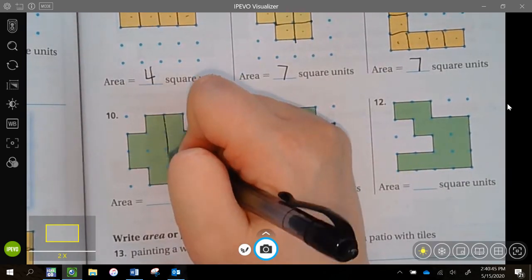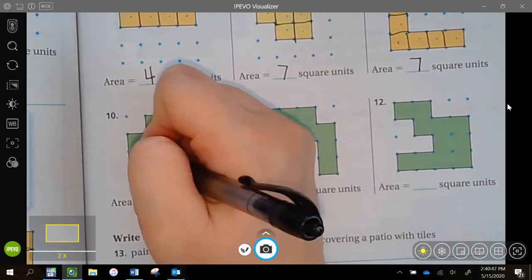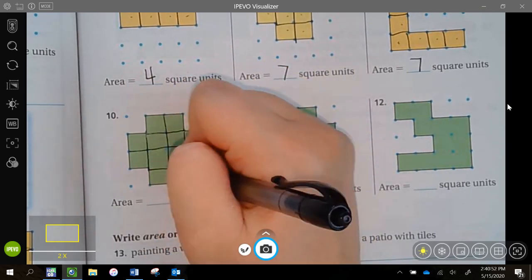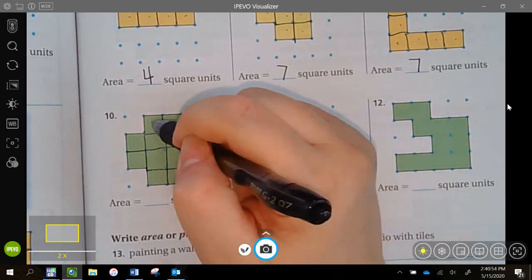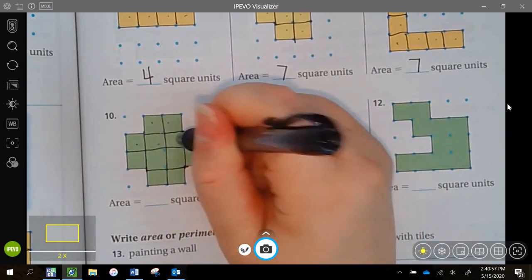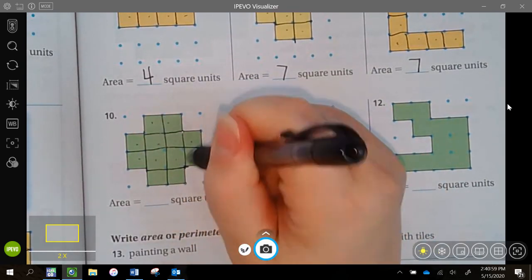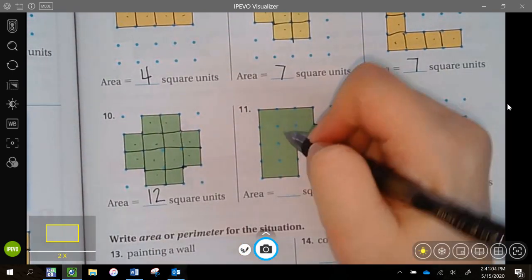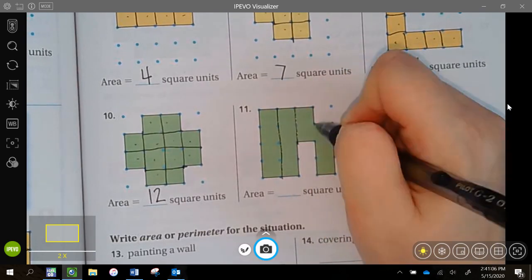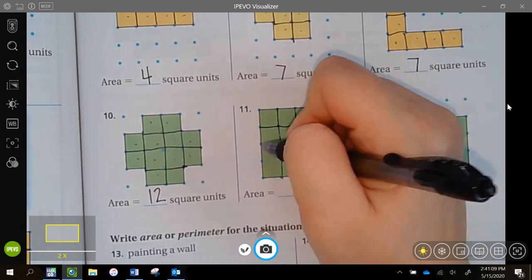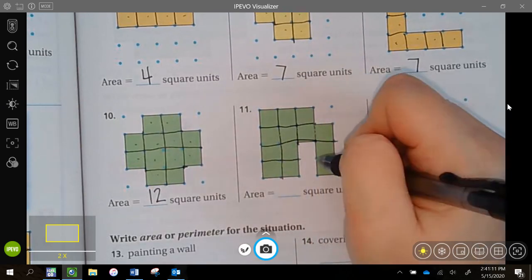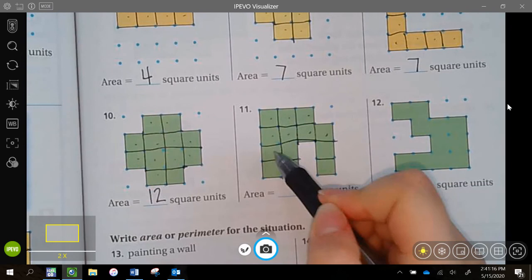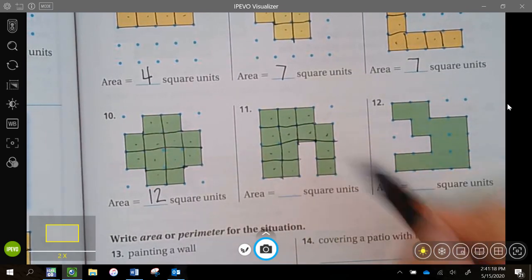These green ones are a bit bigger. So I'm really going to break these up by using my pen. Here we go. 1, 2, 3, 4, 5, 6, 7, 8, 9, 10, 11, 12 square units. Okay, let's try to break this one up. 1, 2, 3, 4, 5, 6, 7, 8, 9, 10, 11, 12, 13.